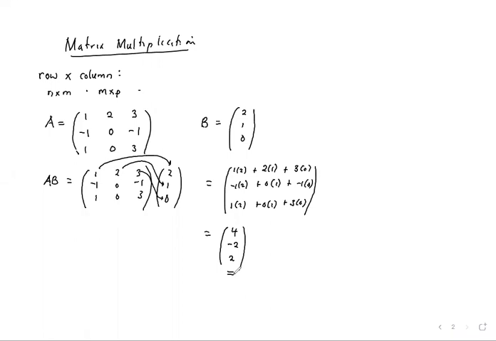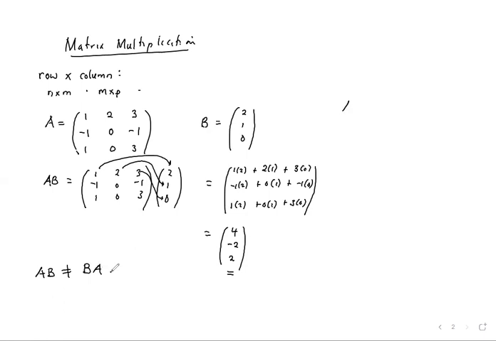Can you multiply the other way around, like B by A? Is it possible? Not possible. Matrix multiplication is not commutative. Because you can find AB does not mean that you can also find BA.